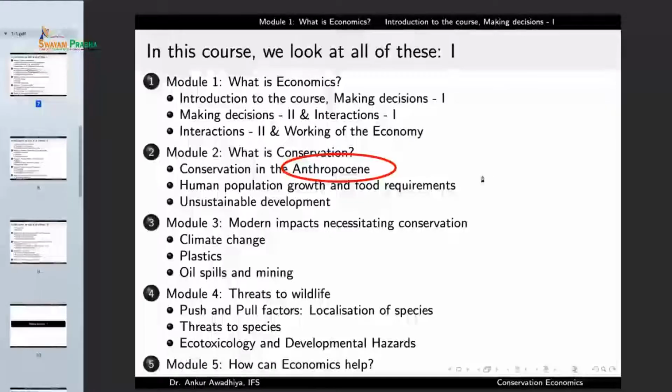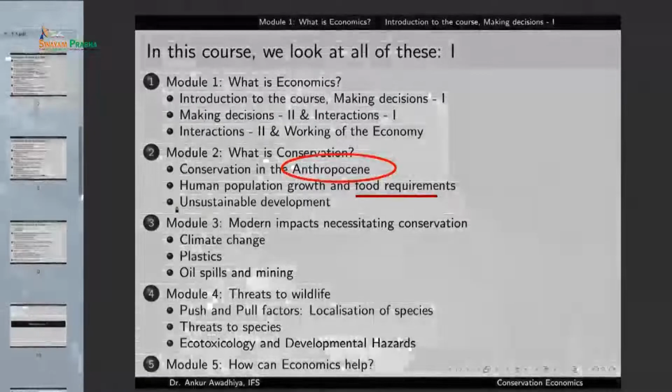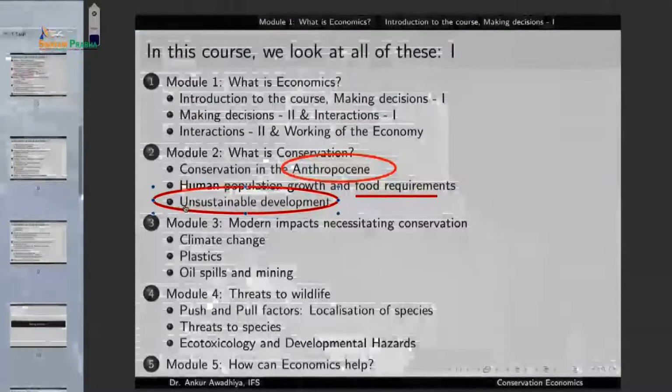So, what can we do to ensure that the people still have access to resources? How does population grow? How do we provide it with food and other requirements? And when we are meeting these requirements, are we meeting them sustainably or unsustainably?